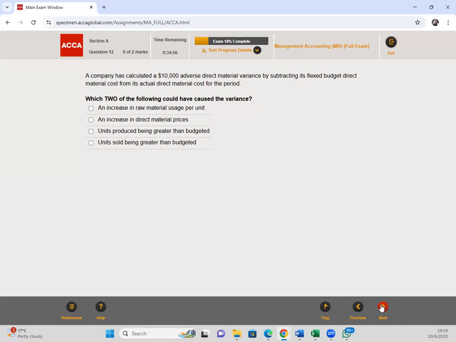Units produced being greater than budgeted. Unfortunately, your line is breaking. Unfortunately, in variances, if the units produced are greater than the actual, it doesn't affect the variance because we flex the budget.